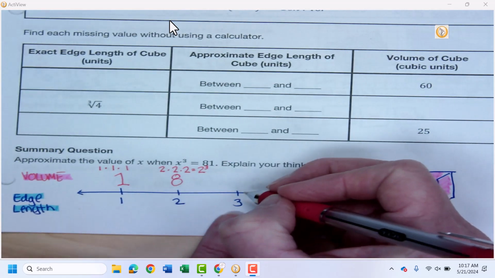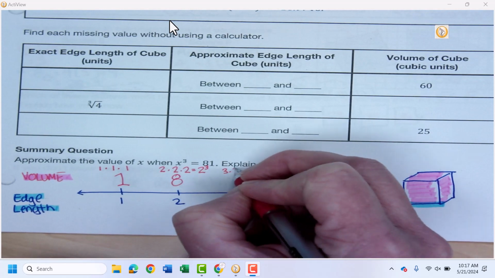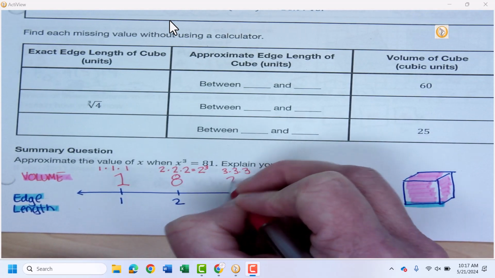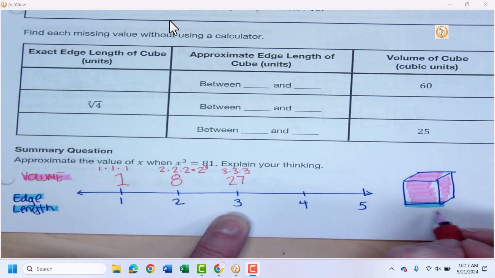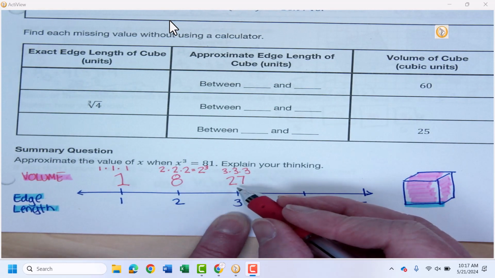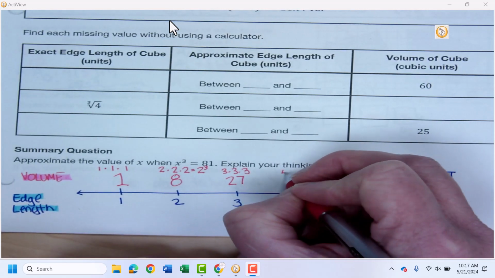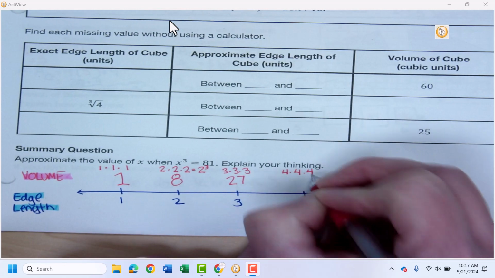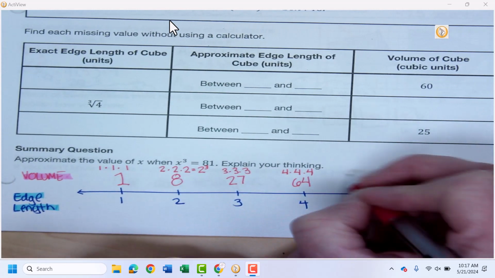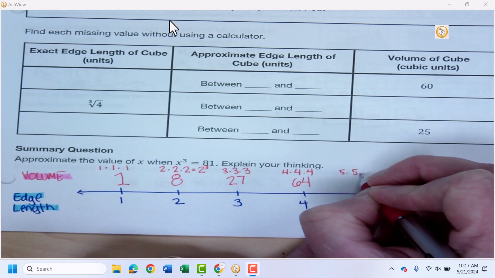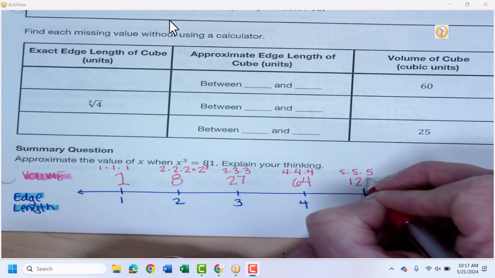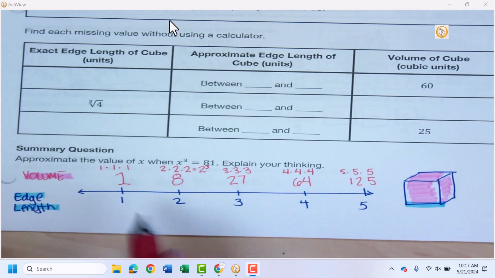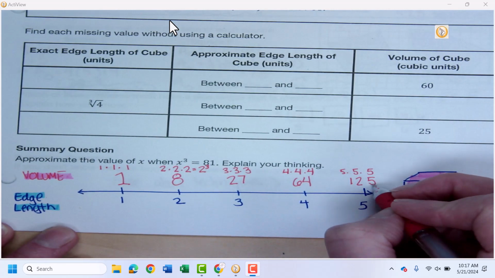And we can continue on with 3 times 3 times 3. The volume of a cube like that would be 27 cubic units. 4 times 4 times 4, or 64. And 5 times 5 times 5. We could go on, but the numbers start getting really large, so I'm just going to leave it here for a moment.